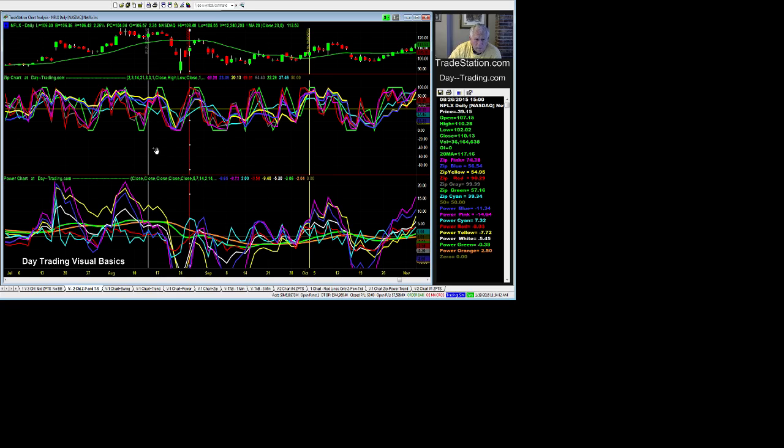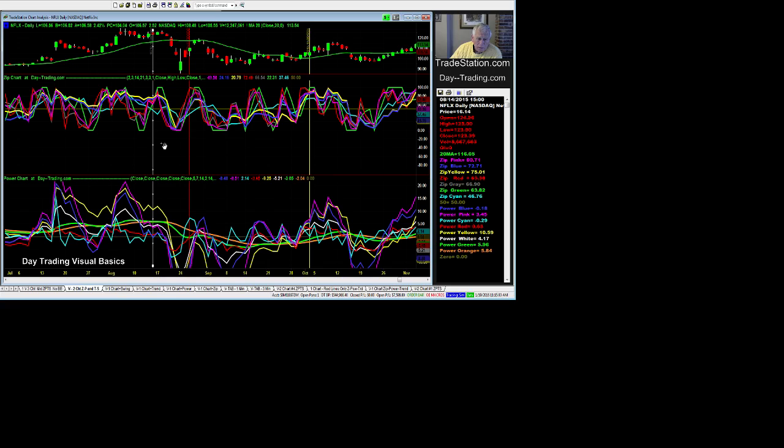Going on to the gray vertical line here, I'm going to move this out. This is the first day that the gray vertical line is low, that at the gray vertical line the zip Cyan line is lowest.